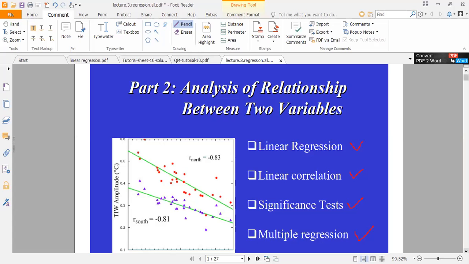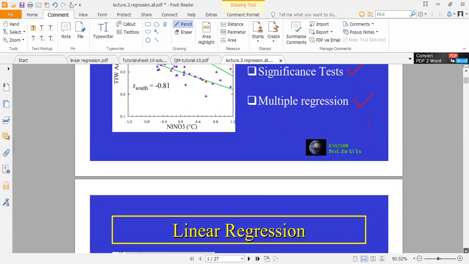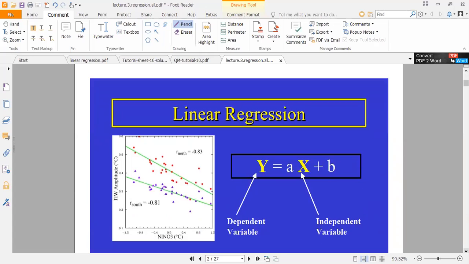So to start with, regression analysis is mainly about relationships that are typified by what is called a dependent variable against an independent variable. So we need to first understand what is a dependent variable and what is an independent variable.